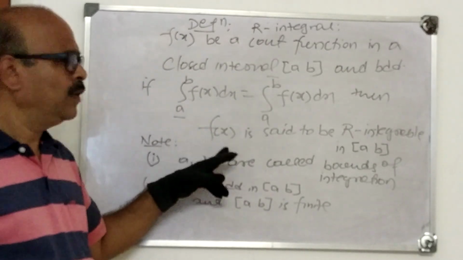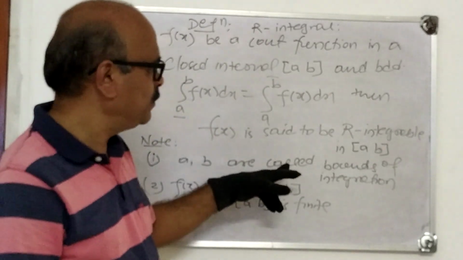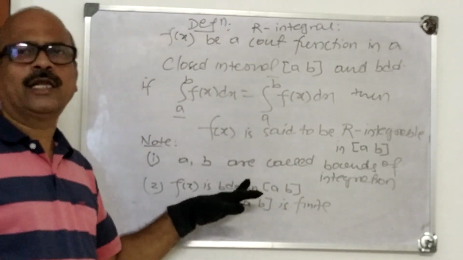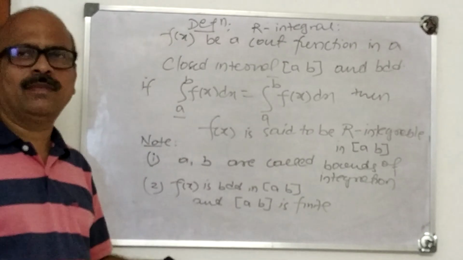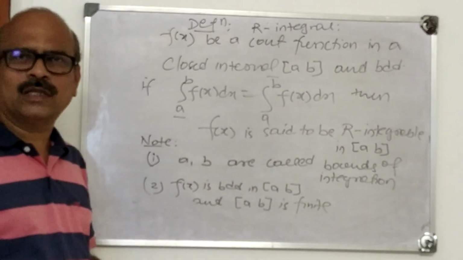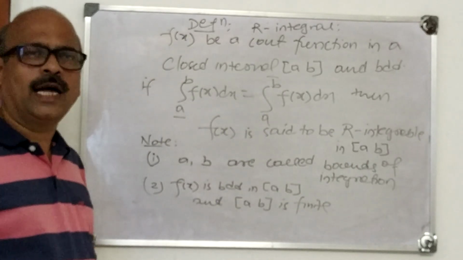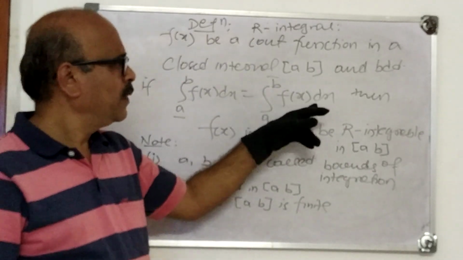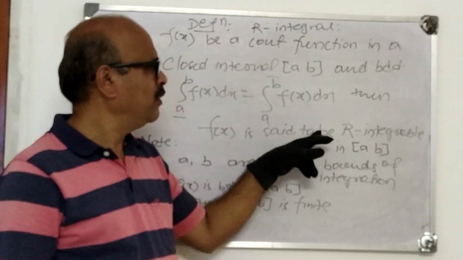Some functions may not be integrable. Okay, I consider in the next video some problems and then the algebra of integrable functions, and I try to complete this 20 hours topic.